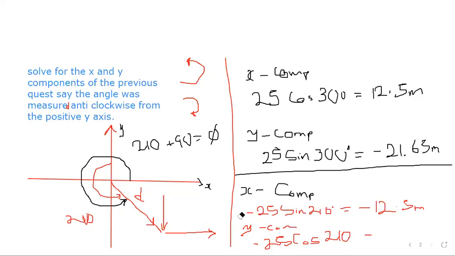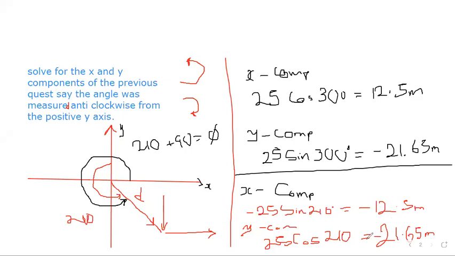Instead of us going that far in, since this is measured from the y-axis, and we know this angle is 210, we may safely say that cos of this is going to give us the component in the y-axis, which is 21.65 meters.